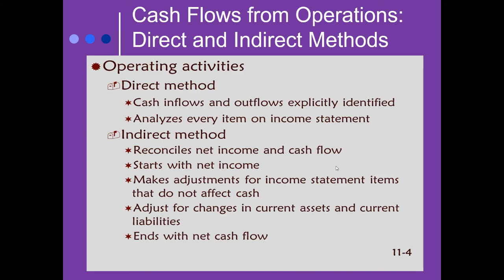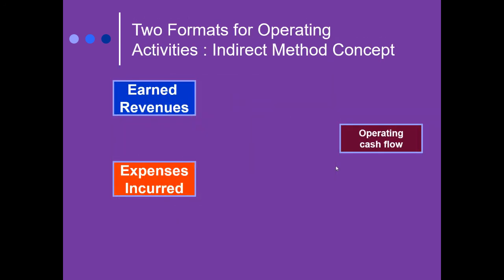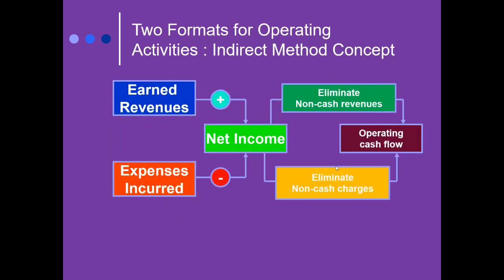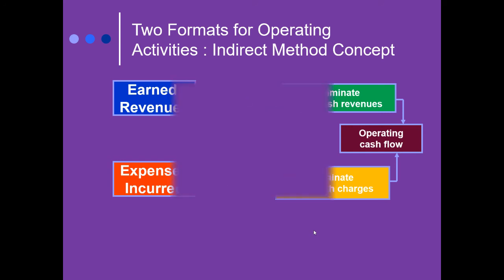Okay, so this is only the summary for each method, and this is the flow concept. You will have to eliminate non-cash revenues and non-cash charges before you can determine the cash flow for the operating activities.